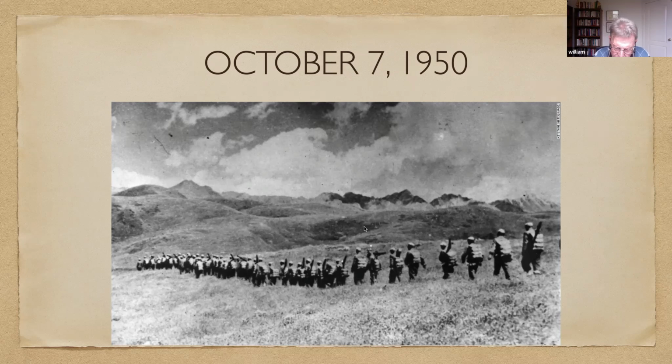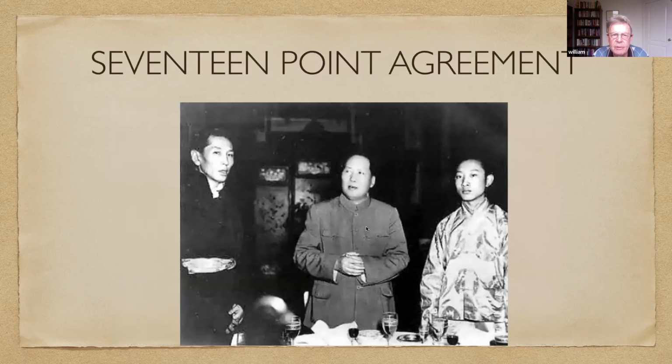Tibetan negotiators then go to Beijing. I say negotiators, but they're more or less summoned to Beijing and presented with an already finished document, commonly referred to as the 17-point agreement. There was no negotiation offered by the Chinese.